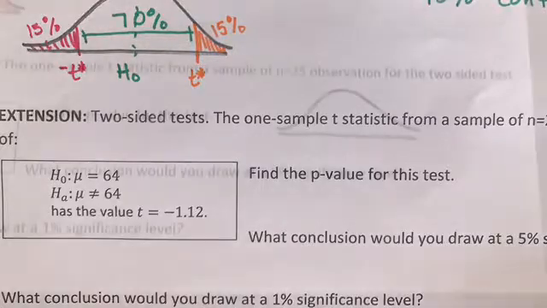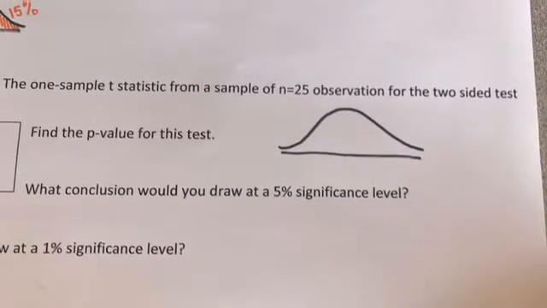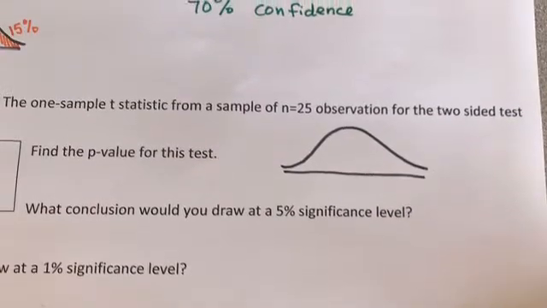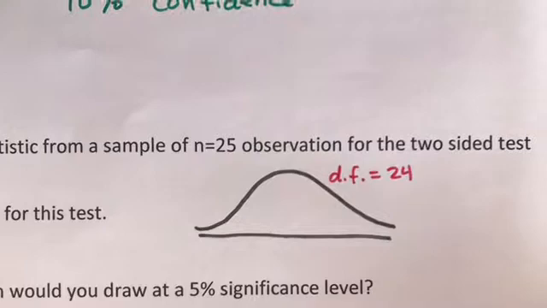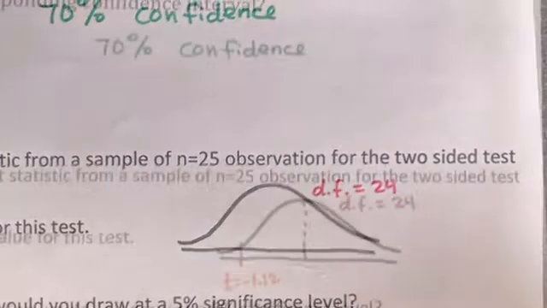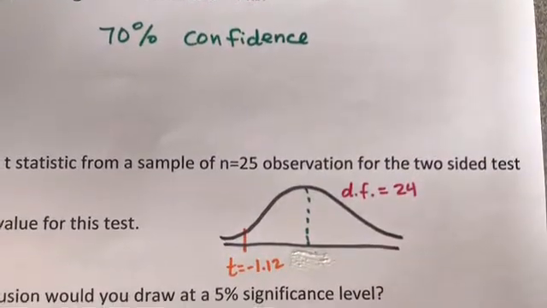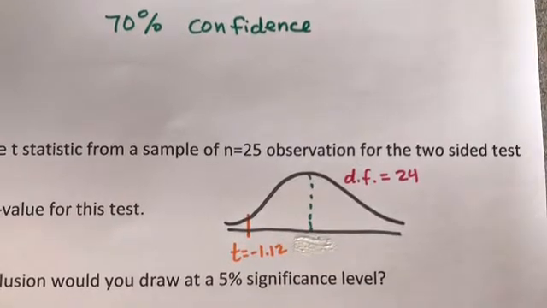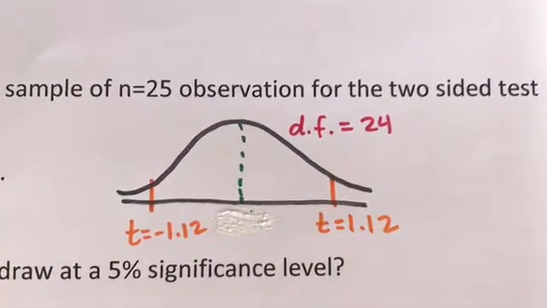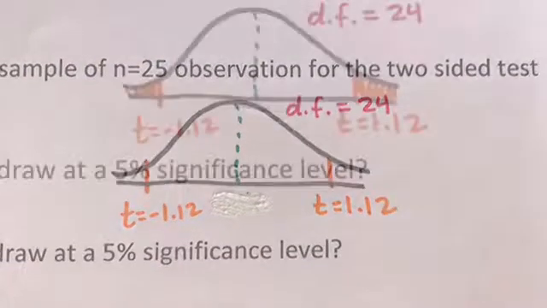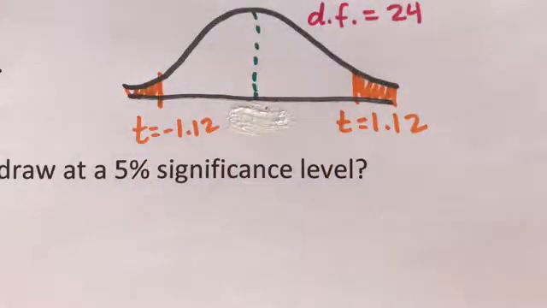Here in this last example, we're given some information and we're asked to calculate the p-value of the test. I'm going to need to know my degrees of freedom, that's n minus 1, and I'm also going to have to use my calculator in order to find the area under the curve that is below a t of negative 1.12 with 24 degrees of freedom.